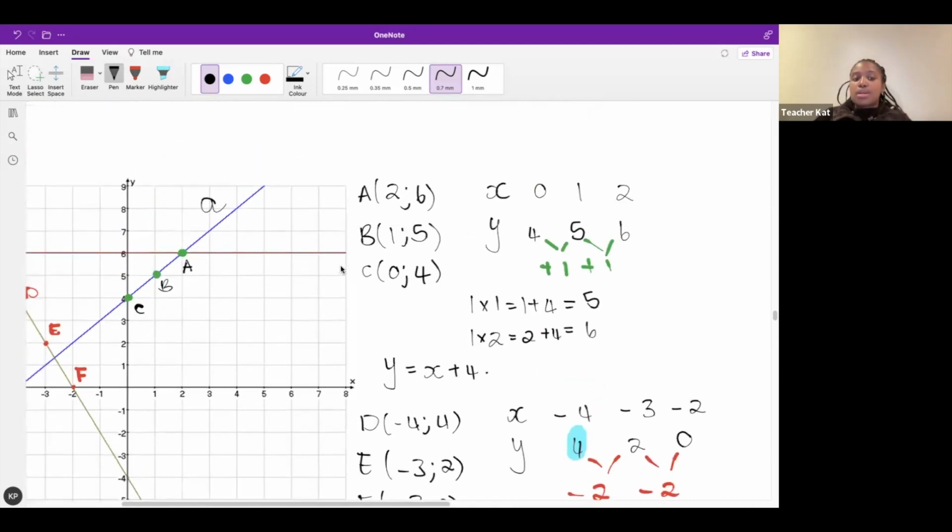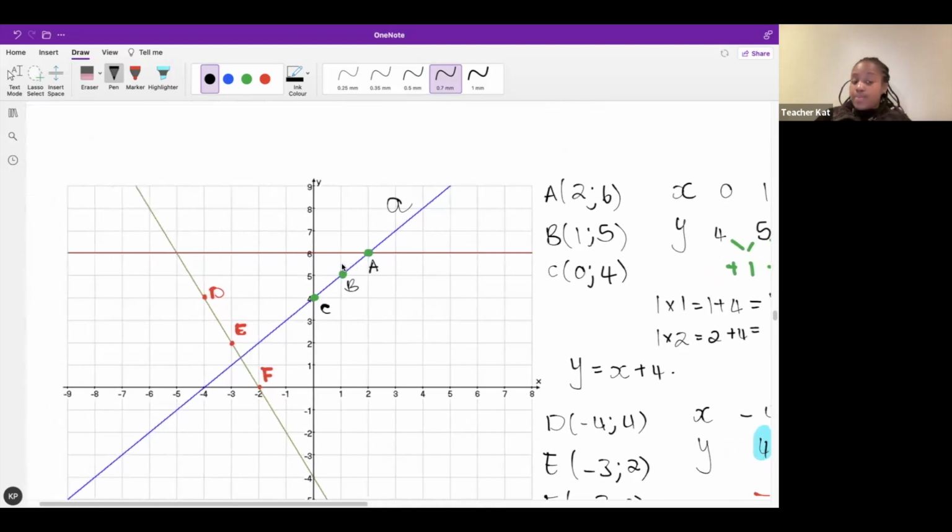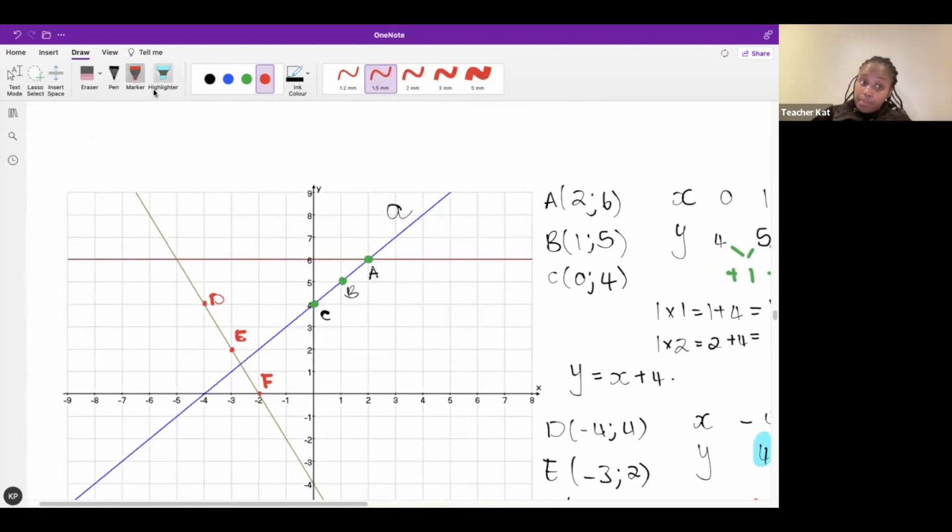Now, let's look at the third graph. If I choose this point over here, what is my y value? Actually, just tell me the coordinates of this point over here that I've just chosen now. -4 and 6.